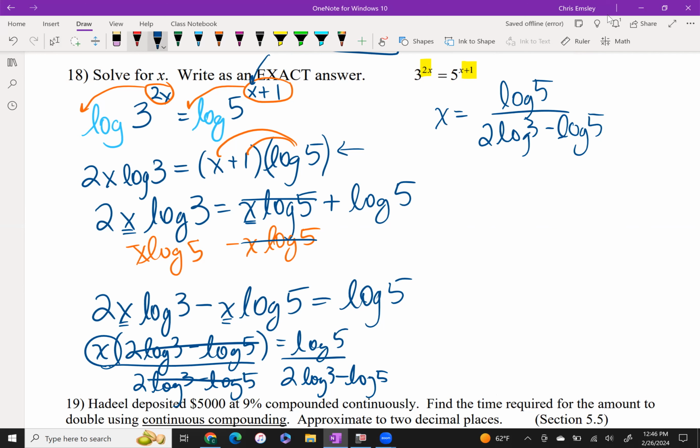And we can simplify that denominator a little bit through our properties of exponents. So first thing I'm going to do is take this 2 and do the reverse of what I did at the beginning of this problem. I'm going to move that 2 into the exponent. So log 3 squared minus log 5, which 3 squared, that's 9, right?